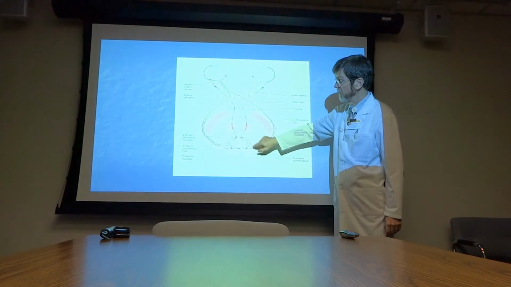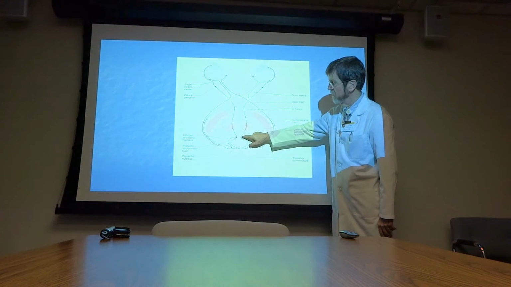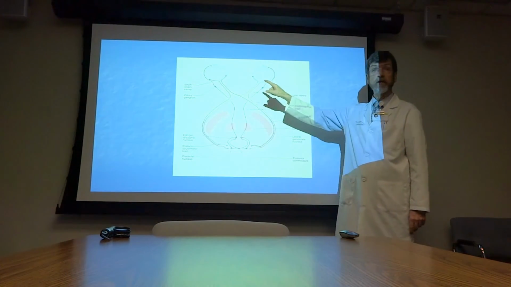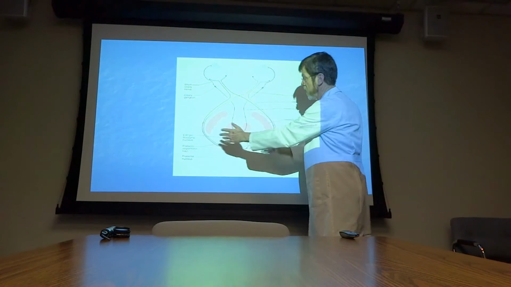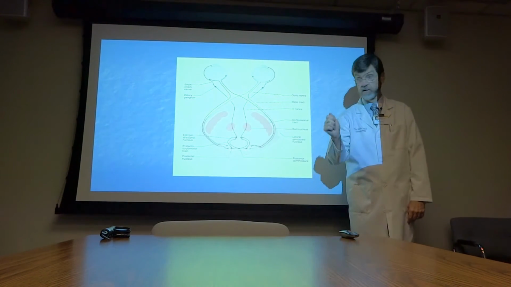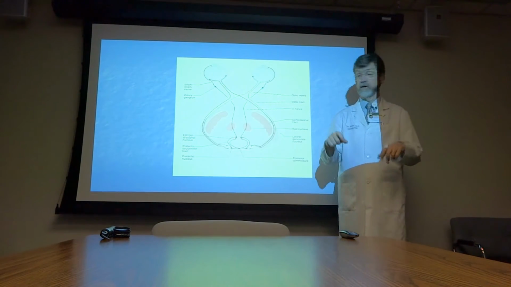So there's actually a double decussation. Everything gets all mixed up and crossed up till you get to the Edinger-Westphal nucleus. And that's what sends the impulse out through the third cranial nerve to tell the pupil to constrict. But since it crosses twice, that's why in humans both pupils do the same dance. Put light in just the right eye, both pupils constrict. Put light in just the left eye, both pupils constrict. They do the same dance.